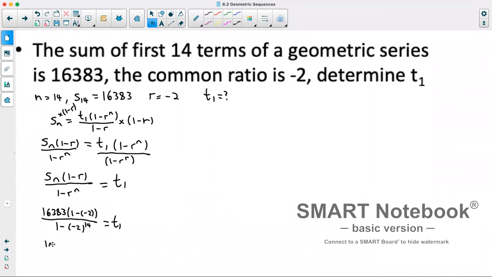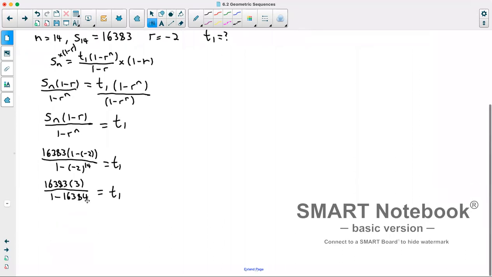So that gives us 16,383 times 3 divided by 1 minus 16,384 is equal to T1. Calculating this gives us -3 is our first term.